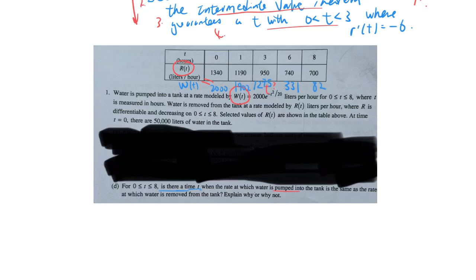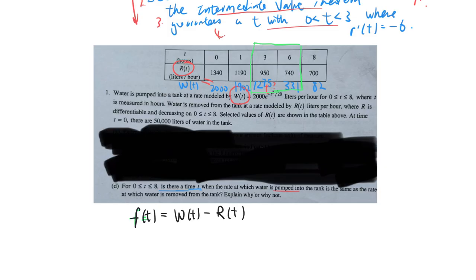And so given these values, we notice this very special interval from 3 to 6, because when t equals 3, w is greater than r, but when t equals 6, r is greater than w. So we're going to construct this function f. We're going to construct f of t equal to w of t minus r of t.